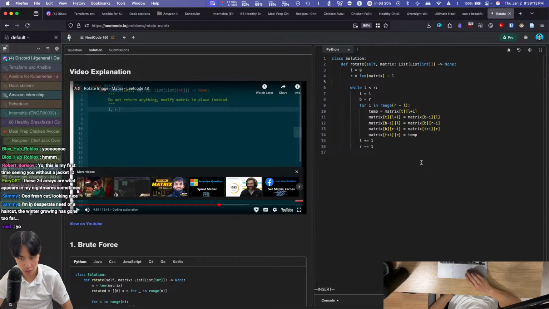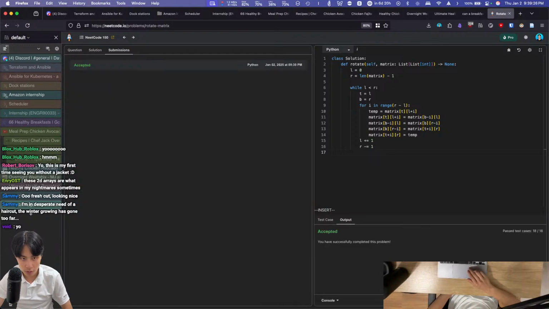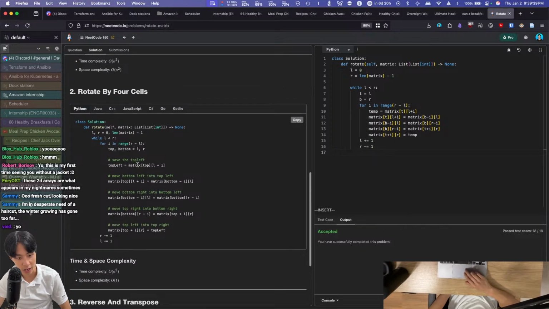And yes, hello void. Let me run this and see. Okay. We got some acceptances. We accepted. We did it. Not bad. After looking at the solutions, of course. Looking at this, is this the exact same set of steps?